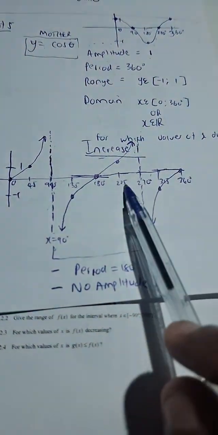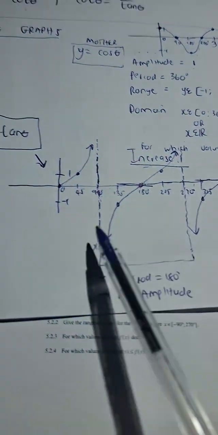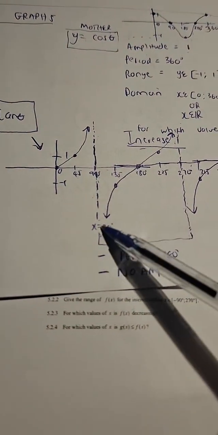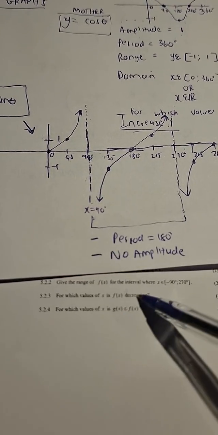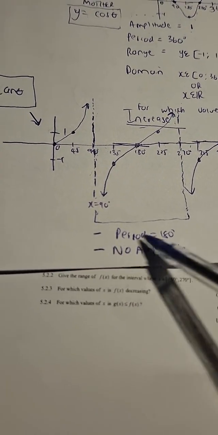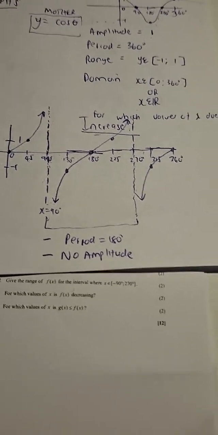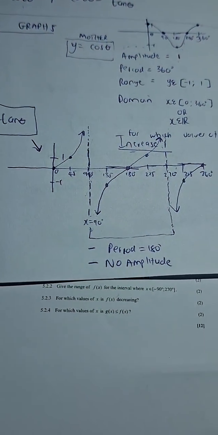Infinity is not even a number. What is the minimum? There is no minimum value, because this function goes on forever to negative infinity. So seeing as that is the case, there can't be any amplitude. There is no amplitude for the tan graph.